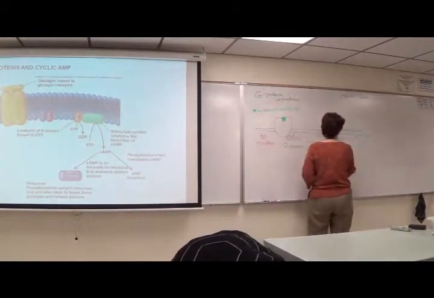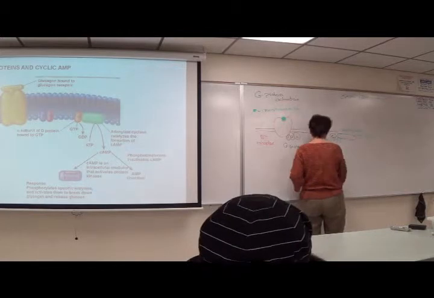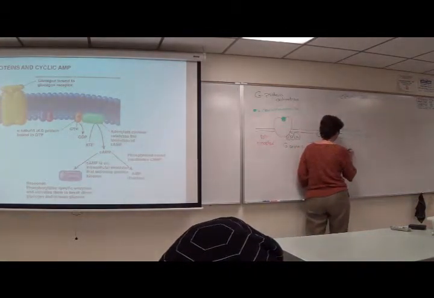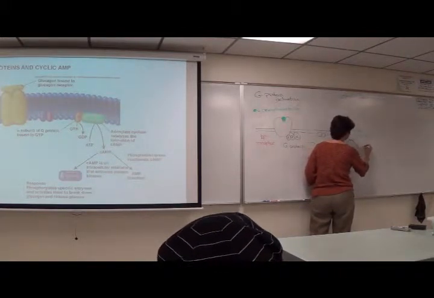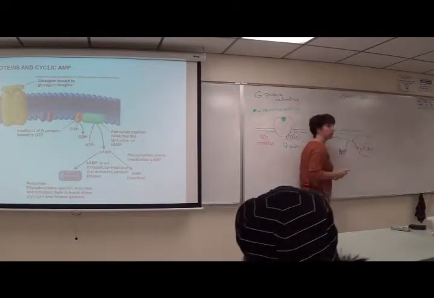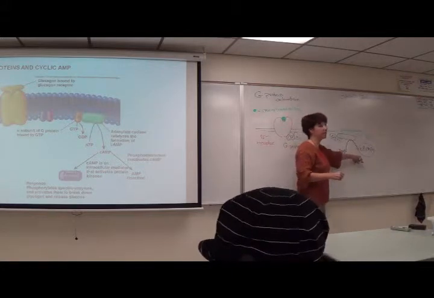So now we've activated our adenylate cyclase, and in that active form, it will bind ATP and convert it to cyclic AMP. That's our second messenger. Okay, that's the person answering the door.